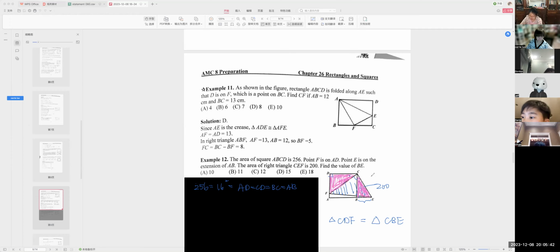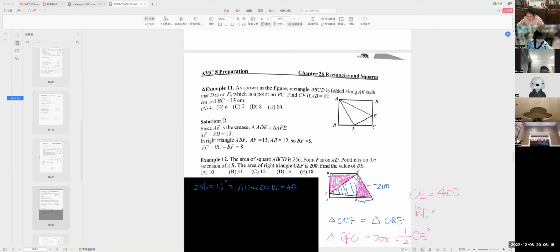Get it, everybody? Okay, so because the area of triangle EFC equals 200, it also equals half of CE squared. Get it? So CE squared actually equals 400.